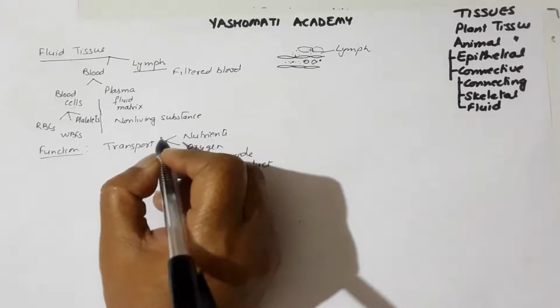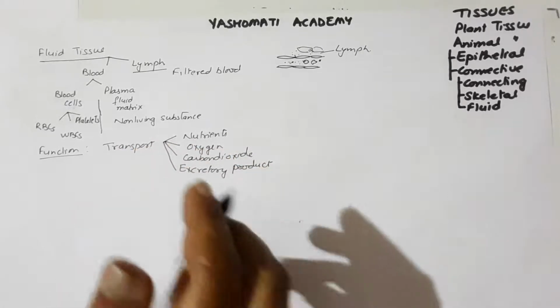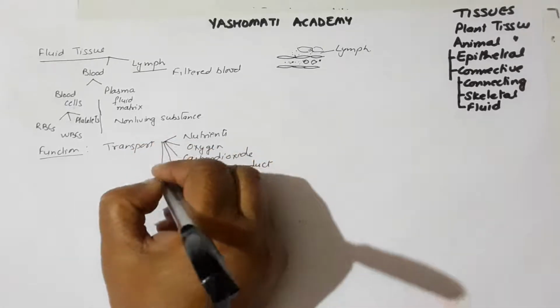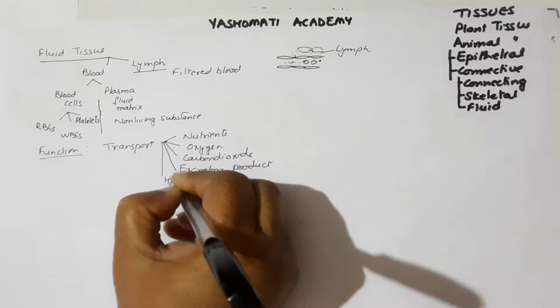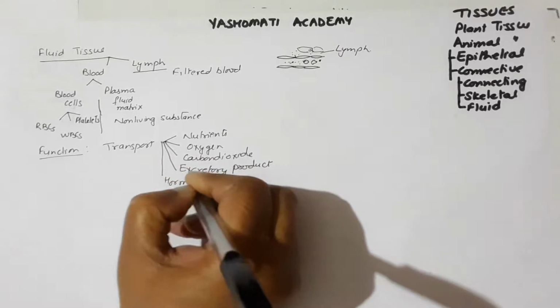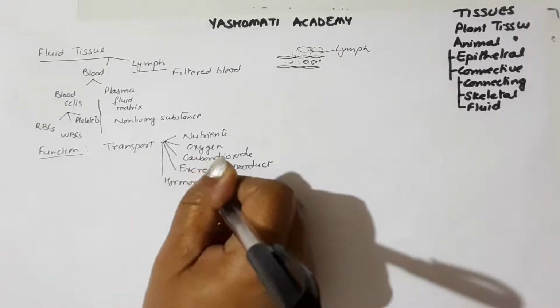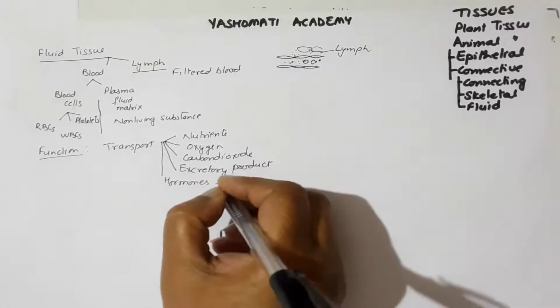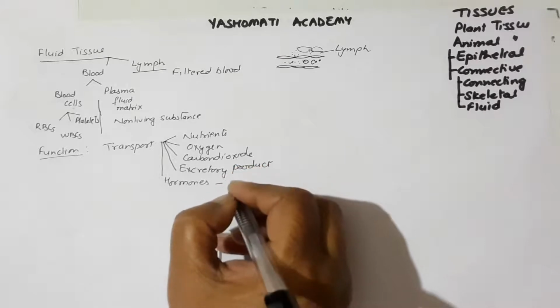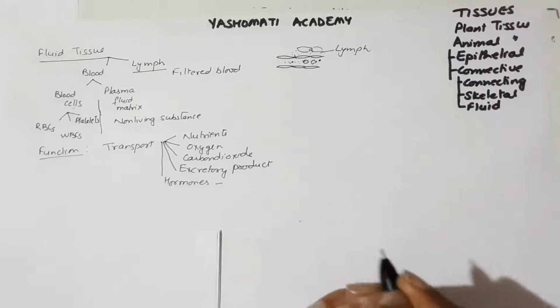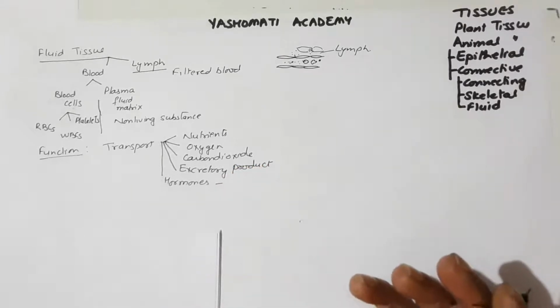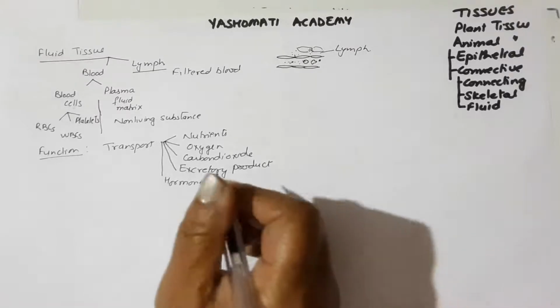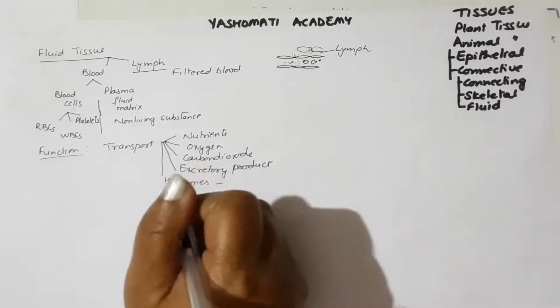There are certain glands which produce hormones. Now these hormones also have to reach the target organ, because hormones are produced at one place and used at some other place in the body. So how will the hormone go from one place to another?